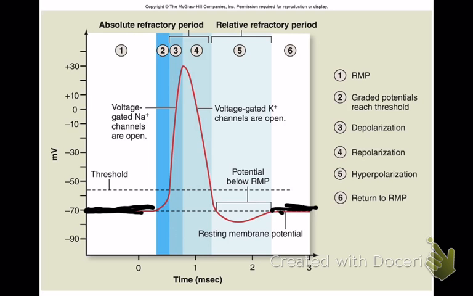So when I hit threshold, that's when I open the activation gate. Okay? And what happens when I open the activation gate? Everything works, sodium's flowing. When I get to the top of the peak and my sodium gates close, it's the inactivation gate that closes.